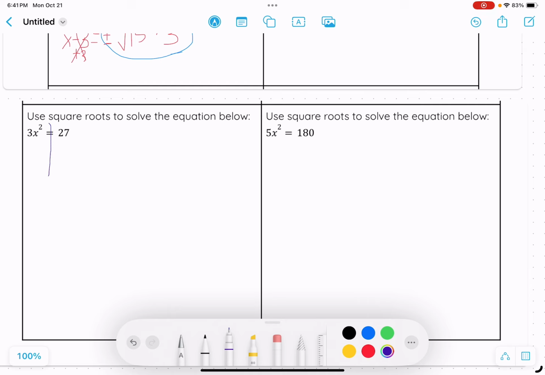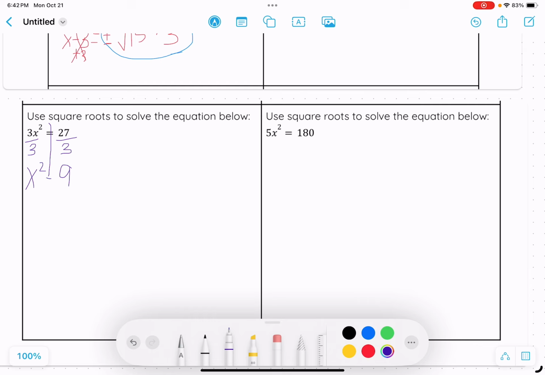What do we do to get rid of this 3? So this is where we're gonna divide both sides by 3. Because then all we're gonna be left with on this side is x squared, which is a perfect square, okay? And then over here, we're gonna do 27 divided by 3, and that's gonna give us 9.